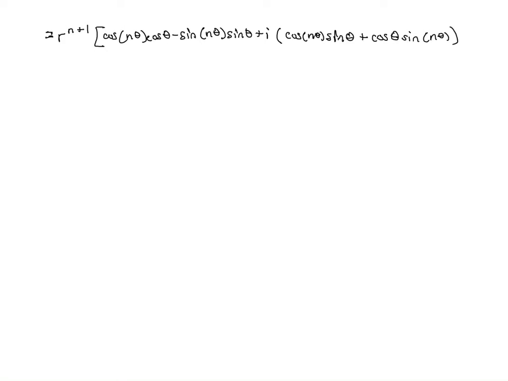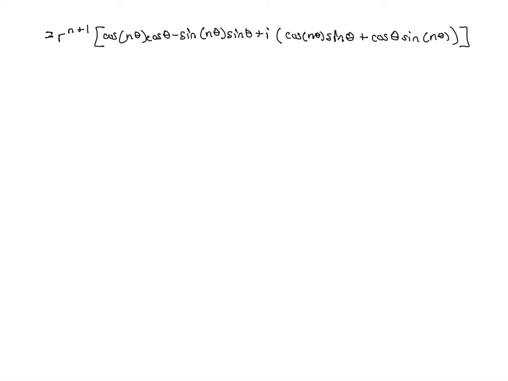It goes r to the n plus 1 times cosine of n theta cosine theta minus sine of n theta sine theta, plus i times the cosine of n theta sine theta, sorry for the sloppiness, plus cosine of theta sine of n theta. Okay.